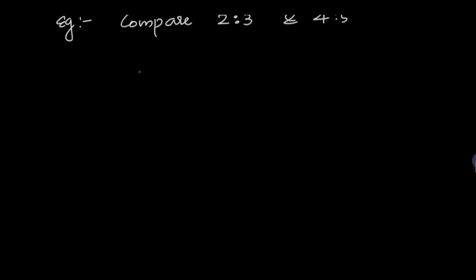2:3 is nothing but 2/3. Then divide 2 by 3. We get a recurring, non-terminating decimal as the answer.